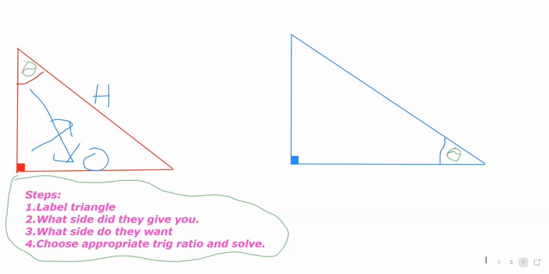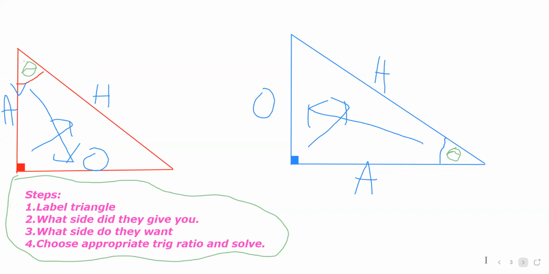And by default, this here will be the adjacent side, and you can see it lies along the angle. Let's try this one here: opposite, hypotenuse, adjacent. Alright, let's label it.